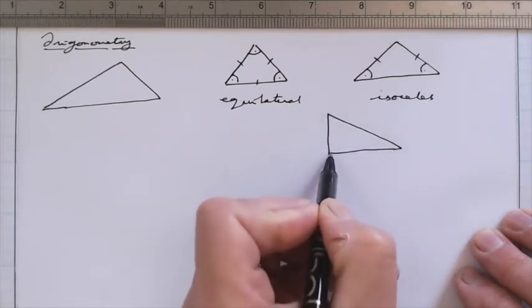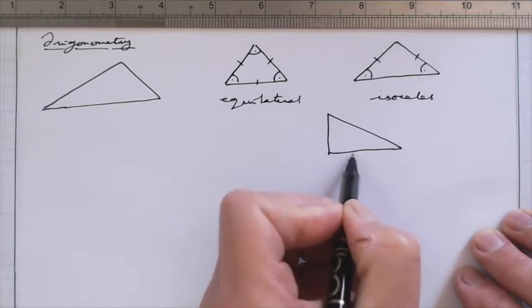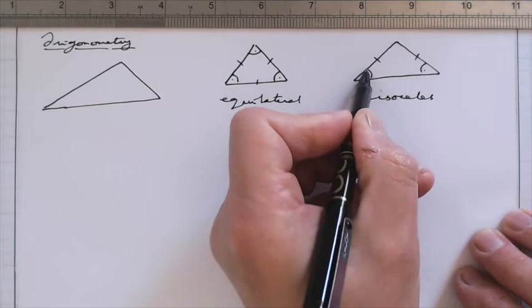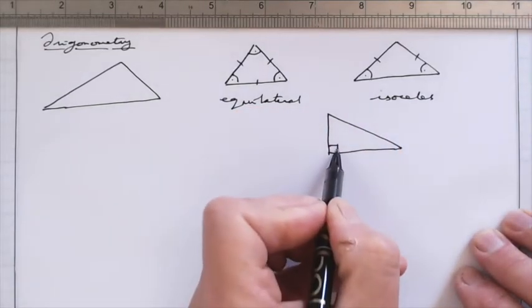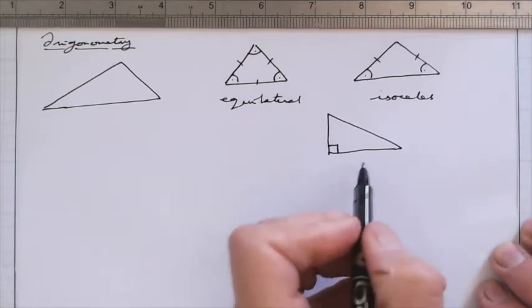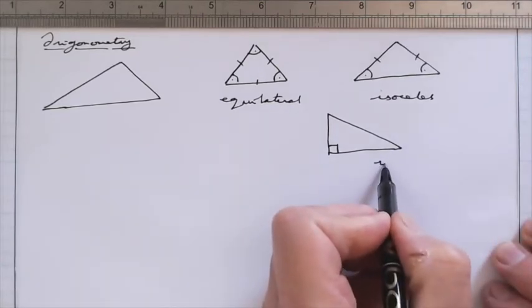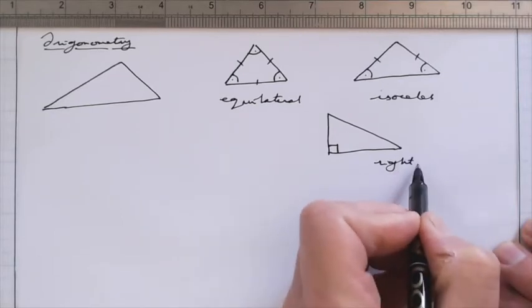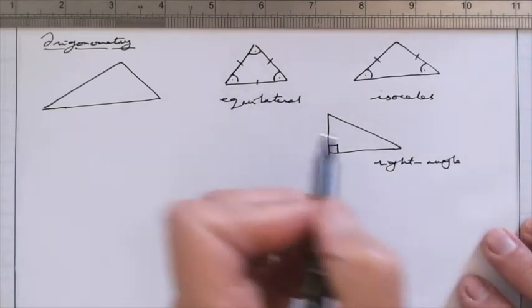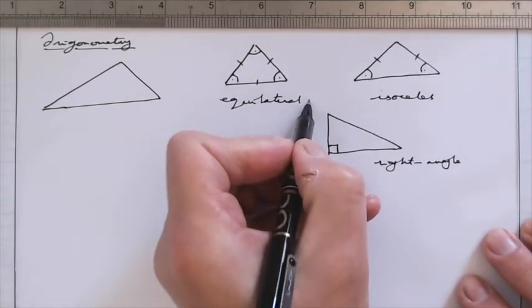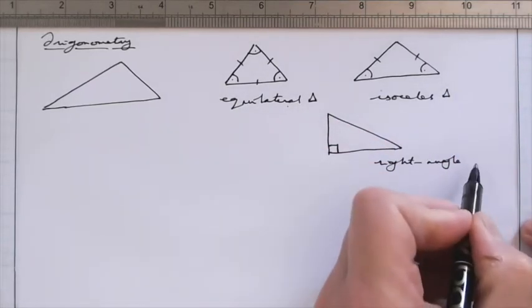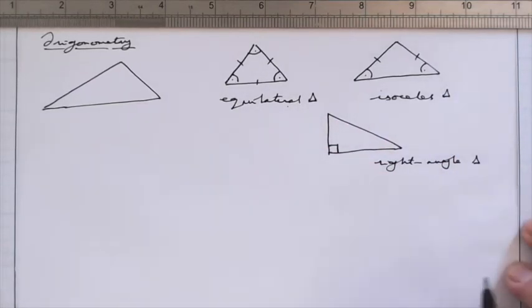When we have 2 lines meeting at a right angle, we have a special symbol for that angle. We don't draw it as a curve, but we draw a little square there to indicate that that is a right angle, and we call this a right-angled triangle. Okay, and we often just draw a little triangle to mean the word triangle. So equilateral triangle, isosceles triangle, right-angled triangle.